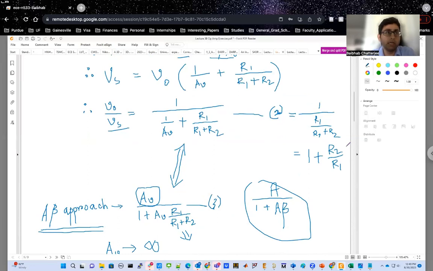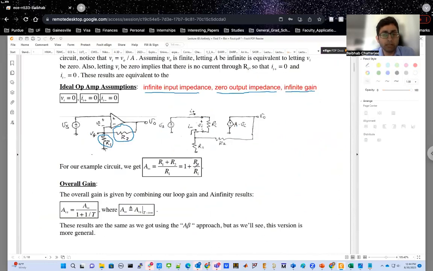It's not inverting the input phase, and the value of the gain is 1 plus R2 over R1. So we are writing the same formula over here, 1 plus R2 over R1, and that's for an infinite feed-forward gain. When you have an infinite feed-forward gain coming from the amplifier, you represent this as A infinity. We'll stop here and resume in the next lecture, and we'll look into the loop gain-based approach.